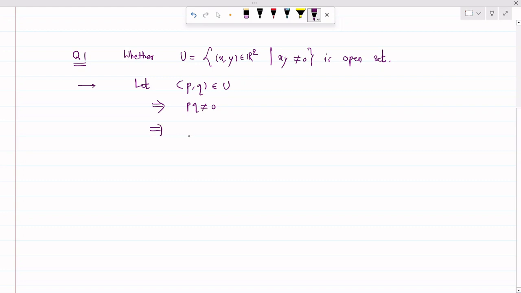Both are real numbers and their product is non-zero, so that implies p is non-zero and q is also non-zero. Since p and q both are non-zero, their absolute values will definitely be positive. So mod of p is positive and mod of q is also positive.